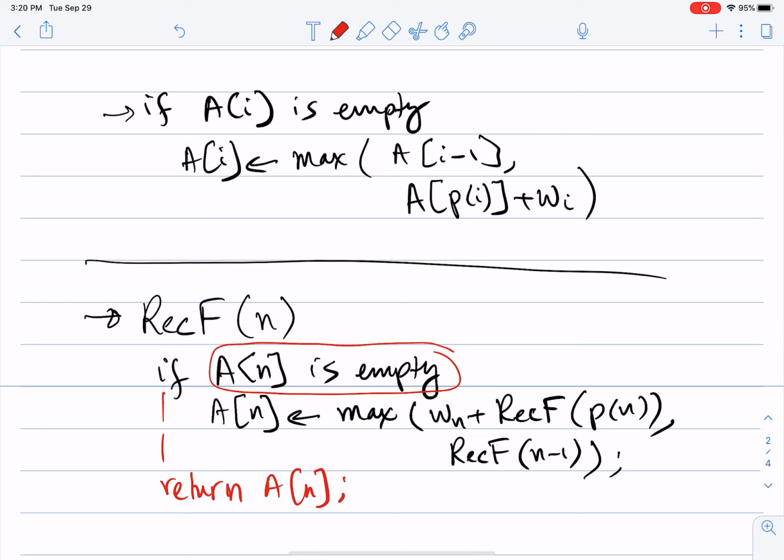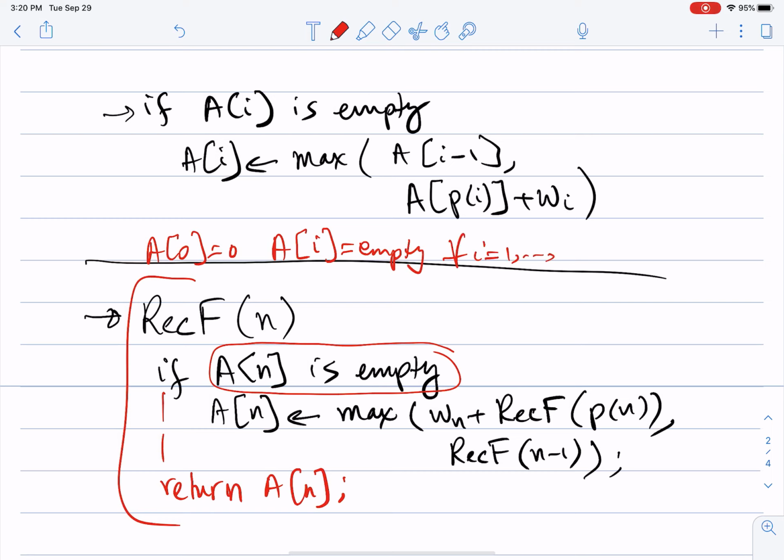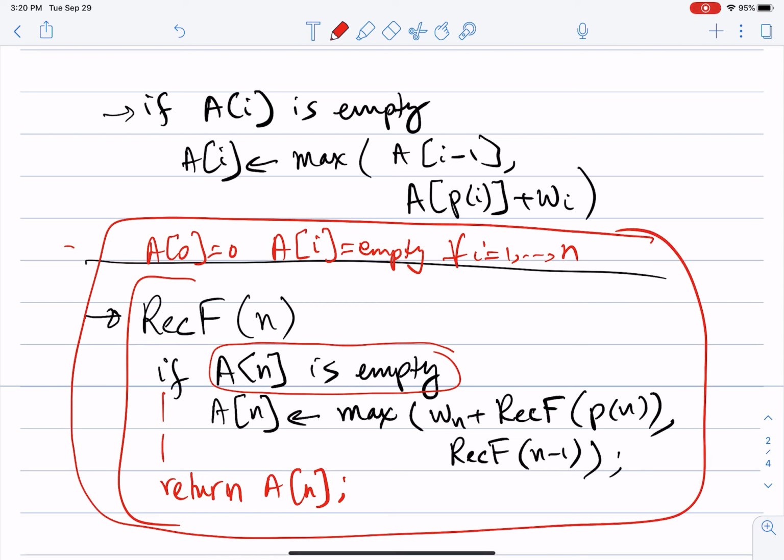Now remember that outside this recursive function, the array A was initialized: A of 0 is 0, and A of I is empty for I equal 1 to n, okay? So this is really the algorithm. We initialize A to be empty for everything except for 0.